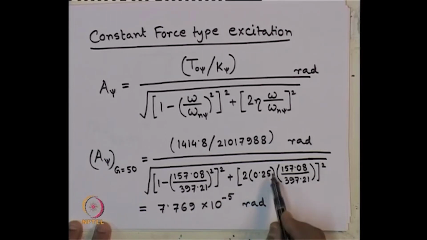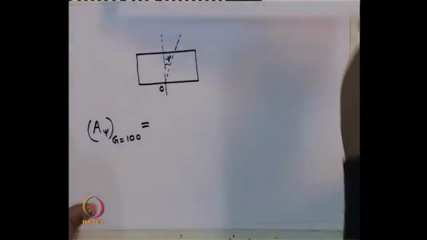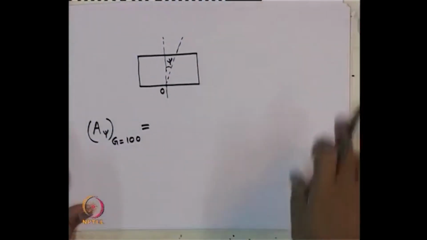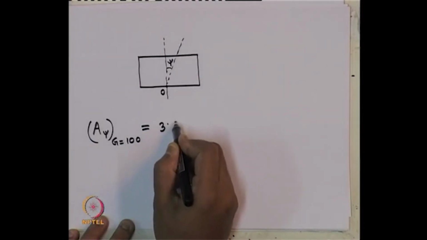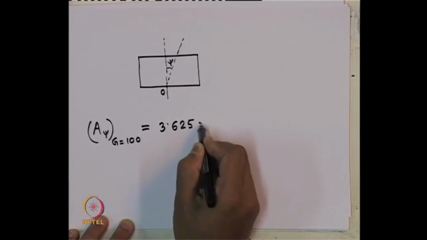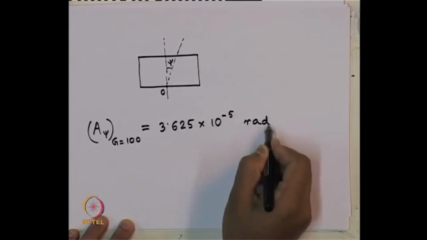Here also eta remains same, omega remains same, omega n psi changes to 545.91. So, by putting those values, how much are we getting for A psi? 3.625 into 10 to the power minus 5, so much of radian.